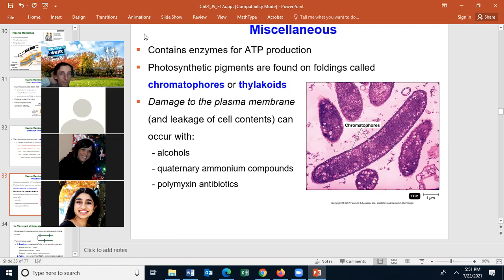But where the majority of the ATP is made in a bacteria is on the cell membrane: enzymes attached to the cell membrane. In the photosynthetic bacteria, we will find the photosynthetic pigments in the cell membrane. And we call these either chromatophores or thylakoids.